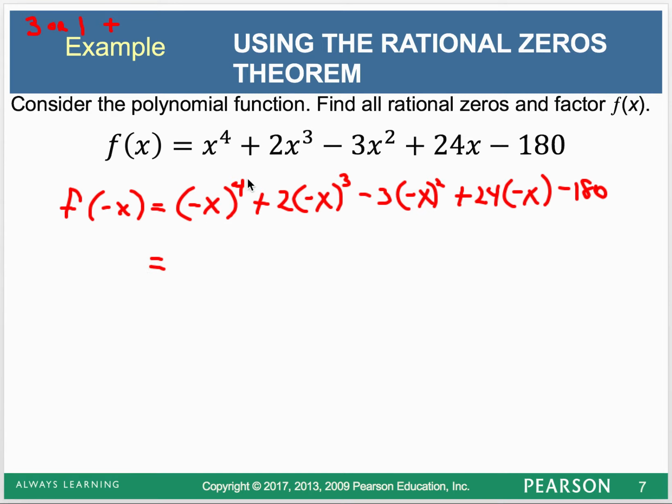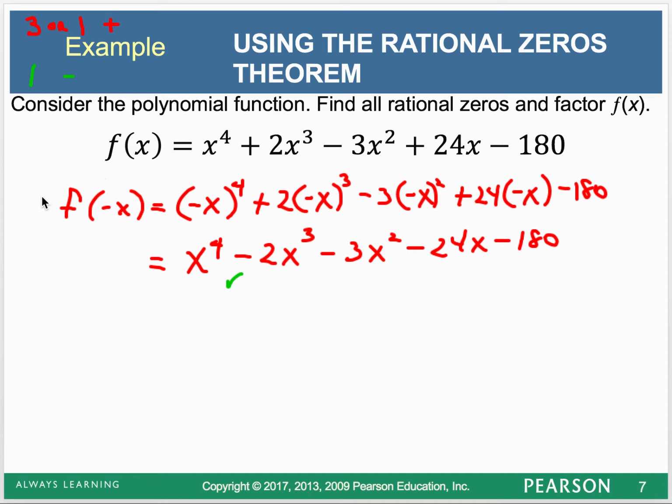Simplifying this, 4 negatives, 3 negatives, 2 negatives, plus this one stays negative, 1 negative, and then that's negative. So count the number of sign changes. It goes from a positive to a negative, and then doesn't change, doesn't change, doesn't change. So there will be one negative solution.